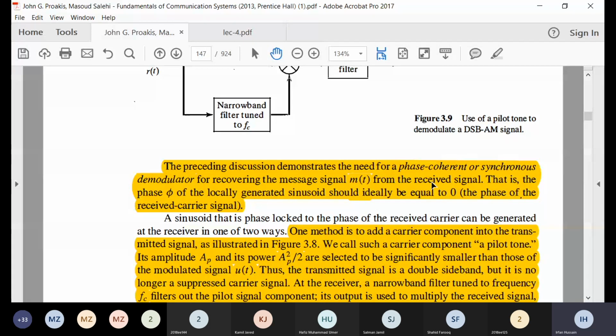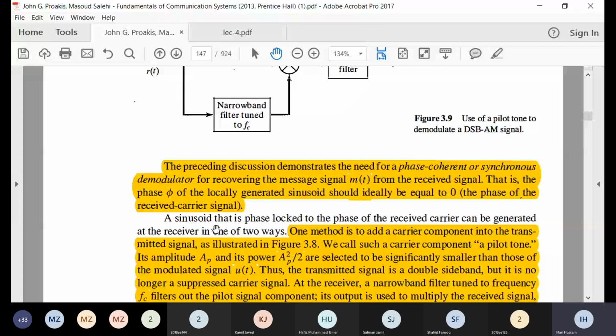So you know what is the phase of your received signal, and you generate the local carrier or the local cos with the same phase as is present in the received signal. So this is called phase lock. So the sinusoid is phase locked to the phase of the received carrier.